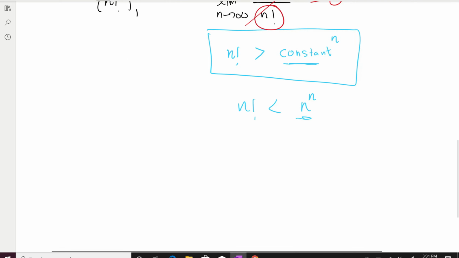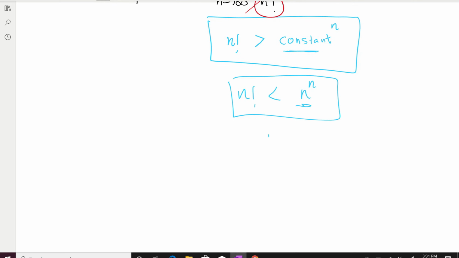Now why does this happen? We can see this. n factorial is n times n minus 1 times, and so on, down to 1, right? But n to the n means n multiplied by n, n times. If you compare these term by term, n is n, which is the same, and n is greater than n minus 1.